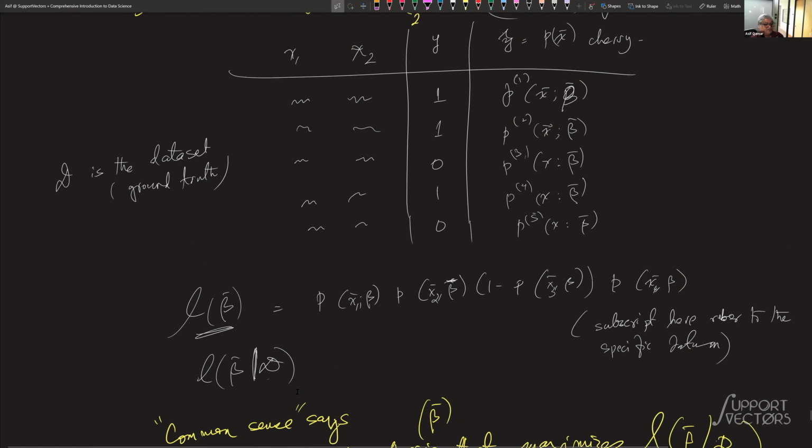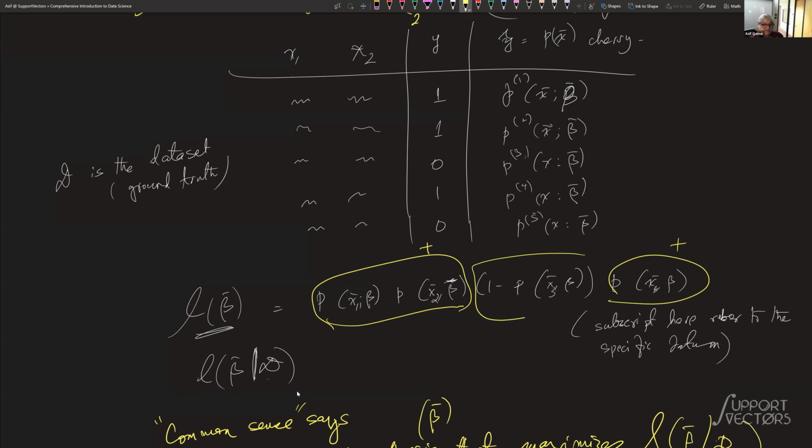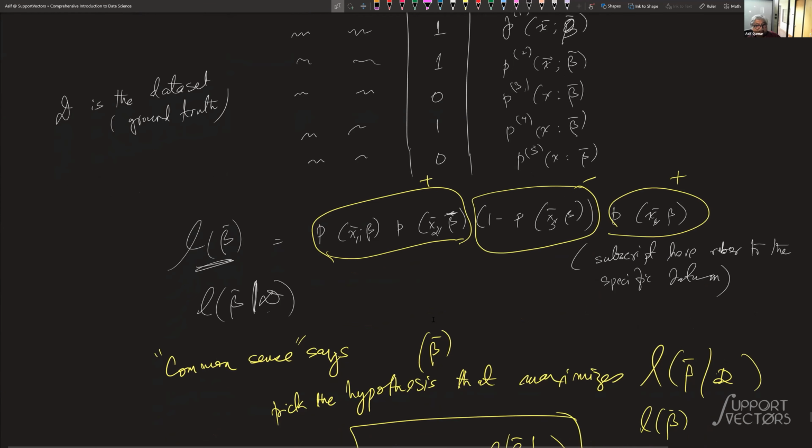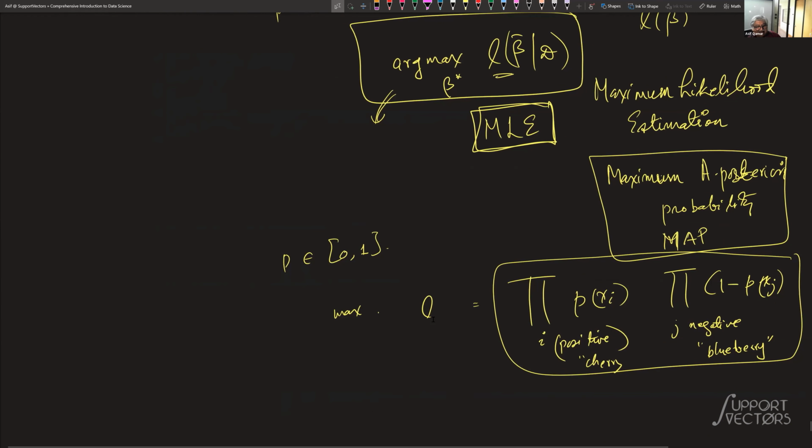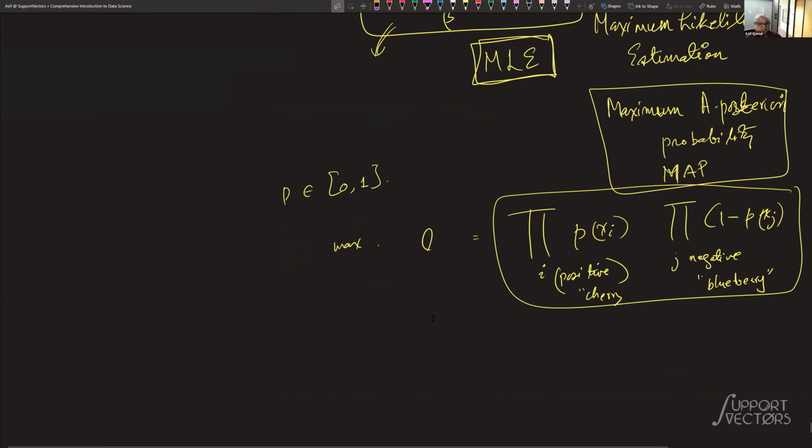What are we doing? We are multiplying the probabilities of cherries. These are cherries, positive cases, and we are multiplying it with the negative cases. Does this make sense, guys? For negative cases, where the ground truth says it's not a cherry, it's a blueberry, we look at 1 minus the probability of cherry. In other words, we want the probability of it not being a cherry. So this is a likelihood function, a likelihood L beta function.